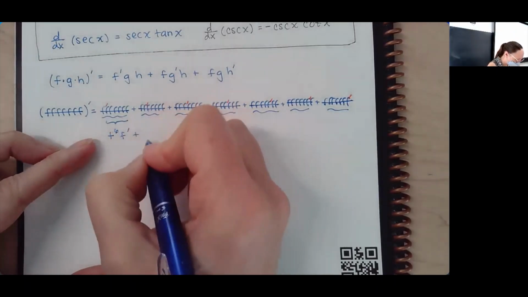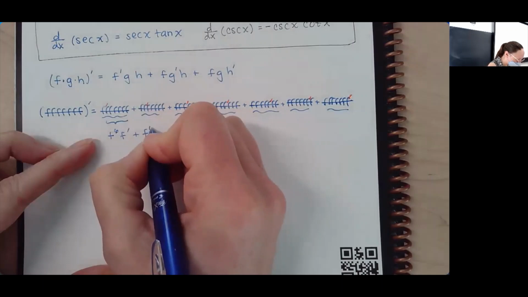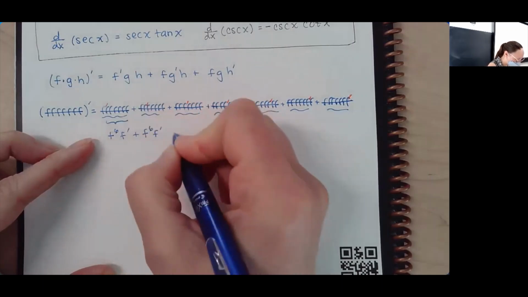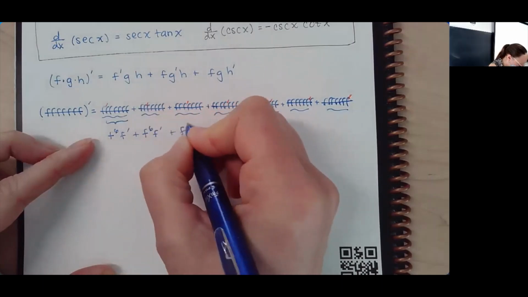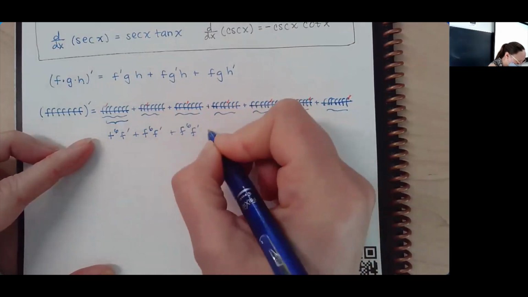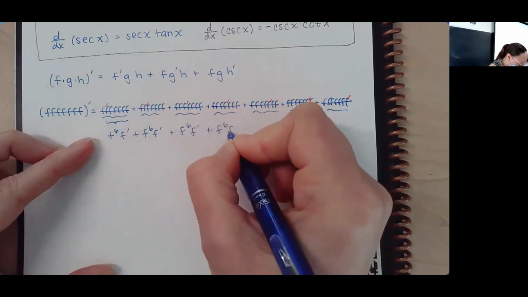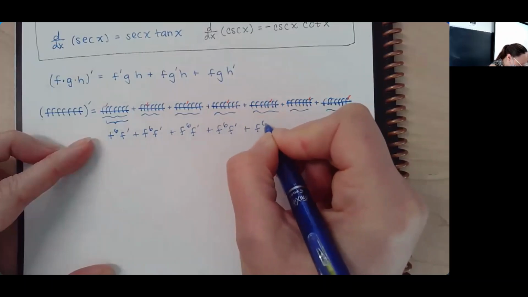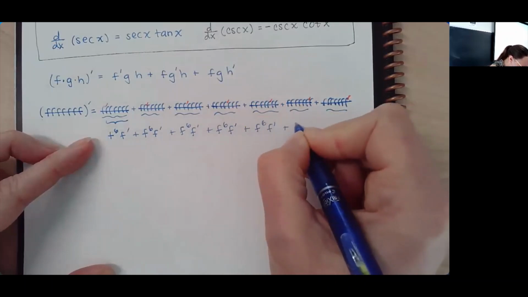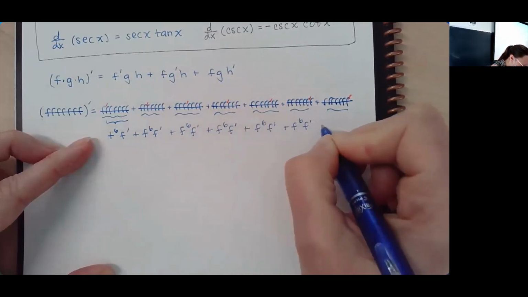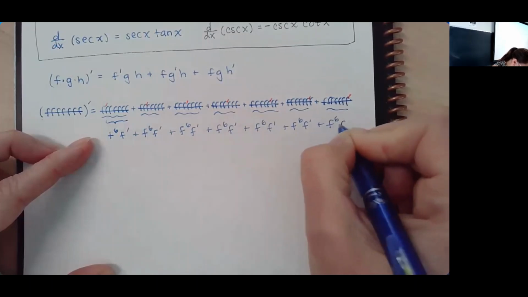But the same thing happens here. I've got 6 of those F's and then an F prime, and 6 of those F's and an F prime, again and again for each term.